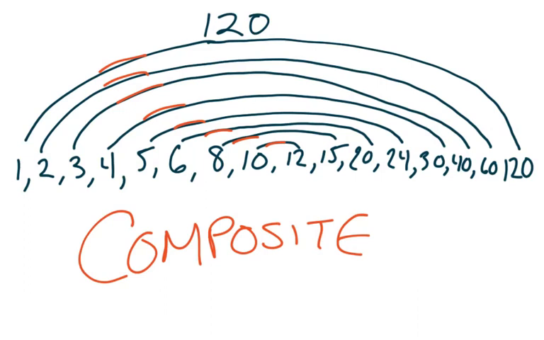So it doesn't matter how many more than one they have, if they have more than one area model or more than one distinct factor pair, which makes that area model, that means that number is composite.